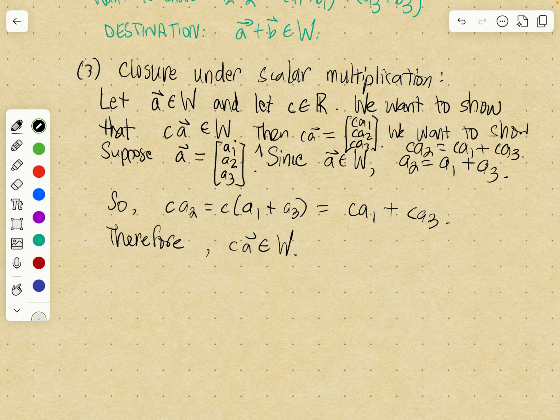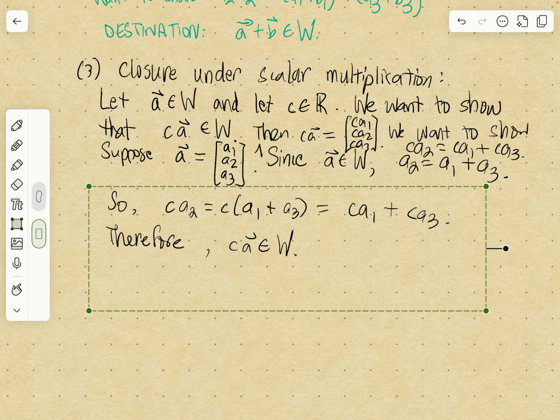That might make the explanation a bit clearer. I don't think it's super necessary, but it's probably a good idea if you're new to proofs to include this.